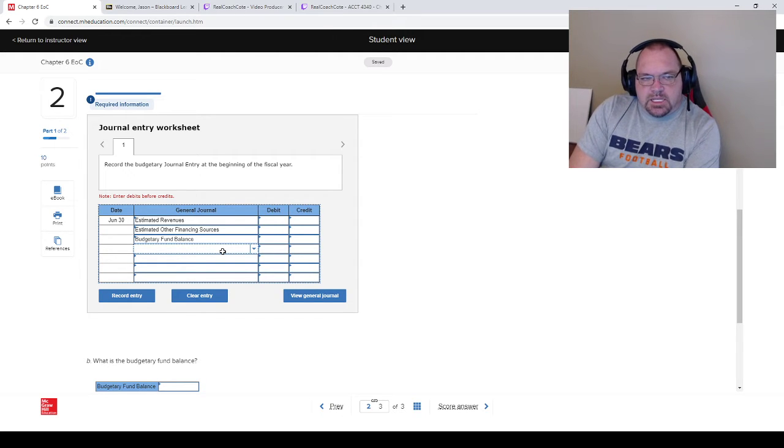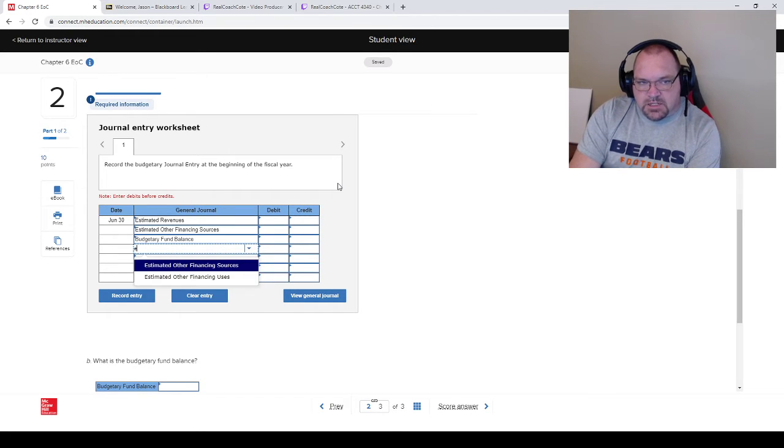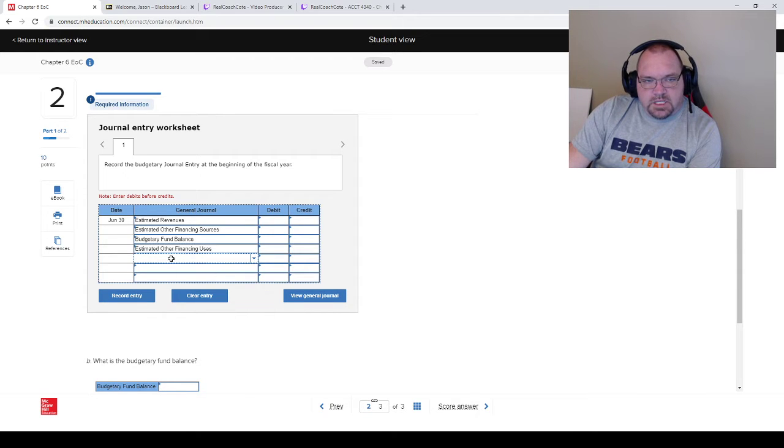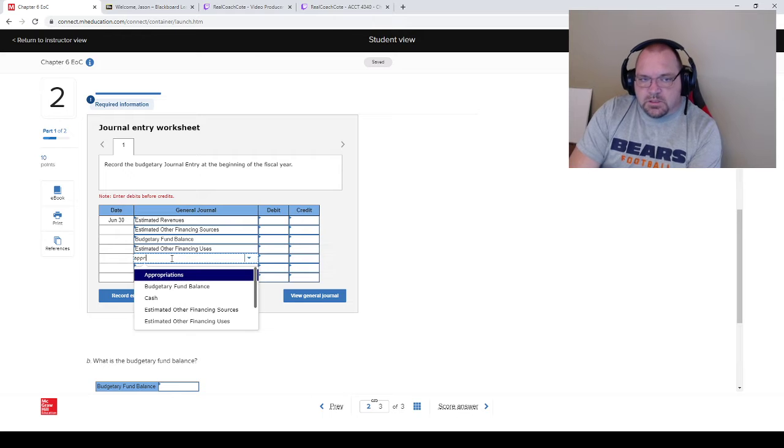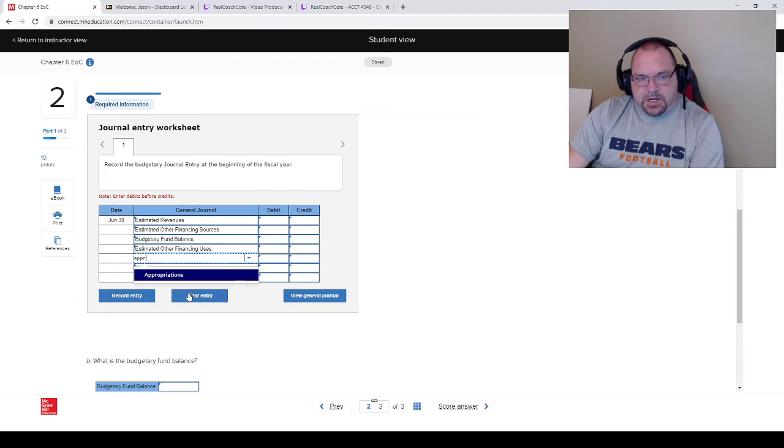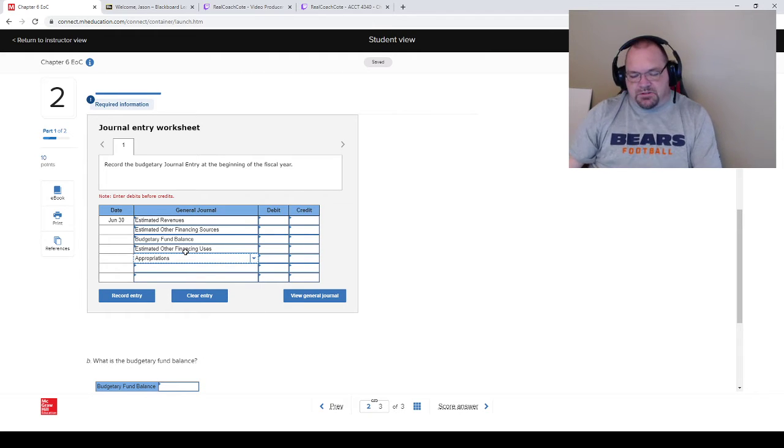Then we've got our 2 credits: one is appropriations, the other is estimated other financing uses. So there's all our budgetary accounts.